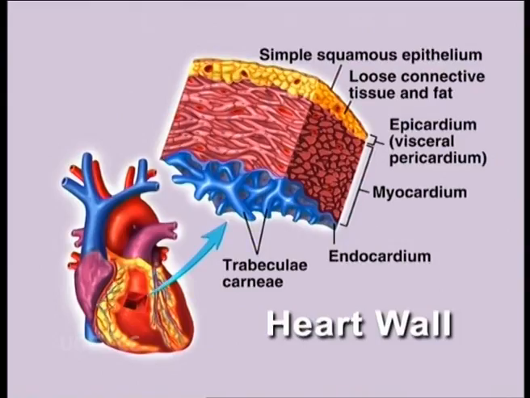Next, we talk about the heart wall. The heart wall consists of three layers: the epicardium, the myocardium, and the endocardium. The epicardial layer is comparatively thinner, smoother, and is the outermost layer of the heart. As you can see in the diagram, the epicardial layer is followed by the myocardium, which is the thickest.